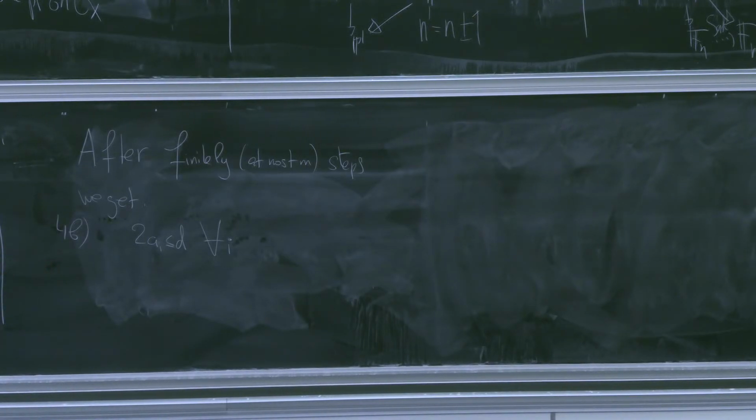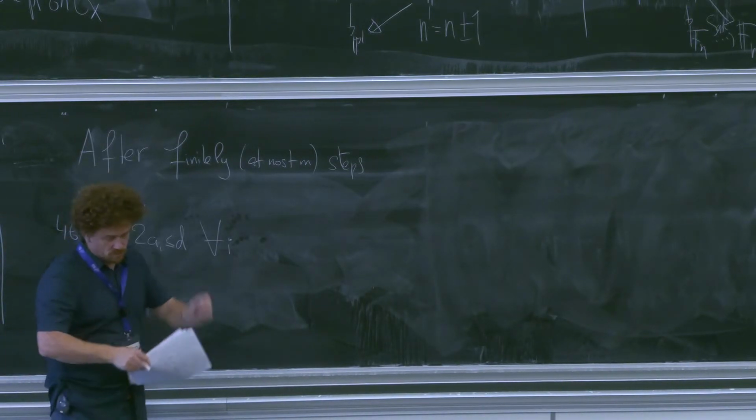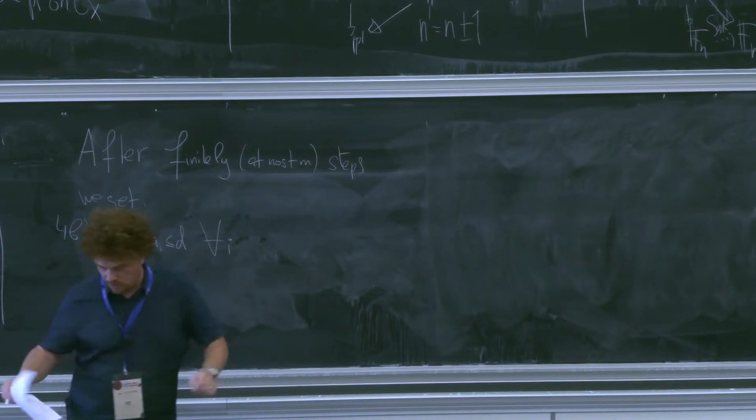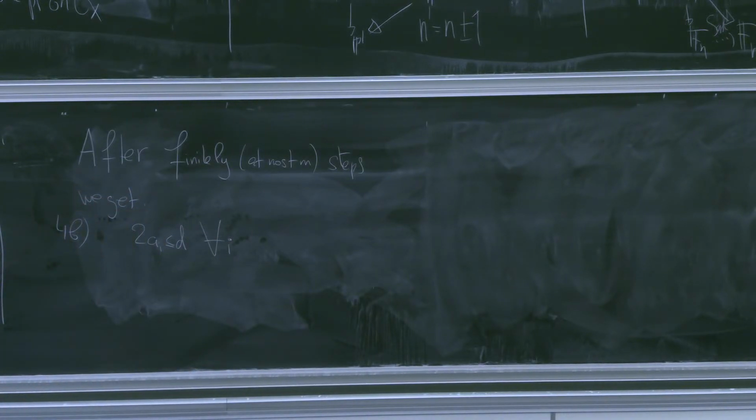If it's bigger, I can decrease. So at some point, I have this. If I have equality there, when I do this link, I don't change the multiplicity. So it's not so clever to do it.